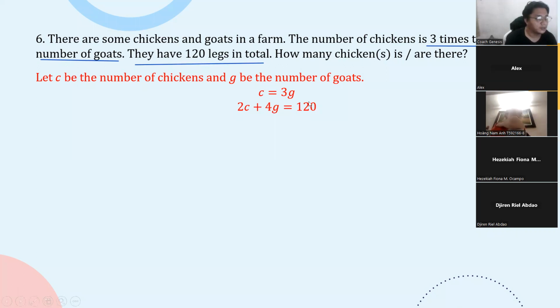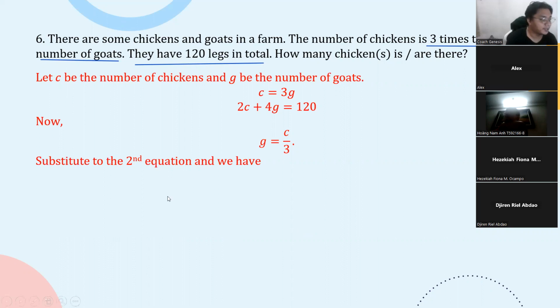You can simplify this, or you can just leave it as it is. Next, we solve for G in terms of C. That way we can solve for the number of chickens immediately after. So you have G is equal to C over 3. And then we substitute that to the second equation.